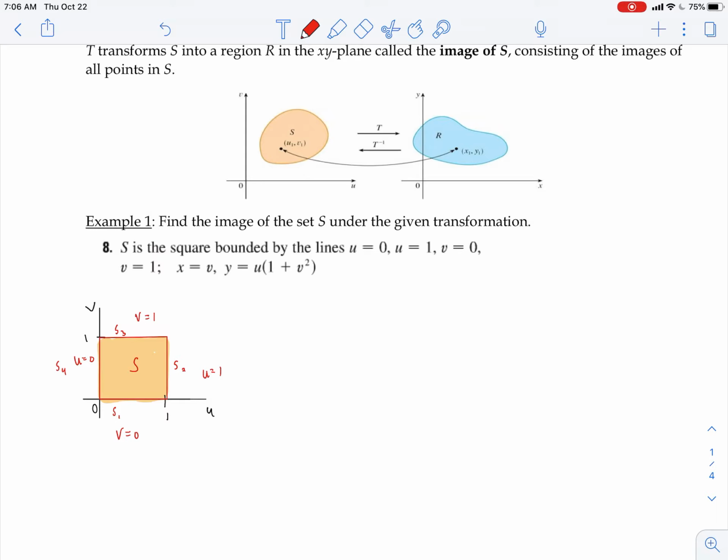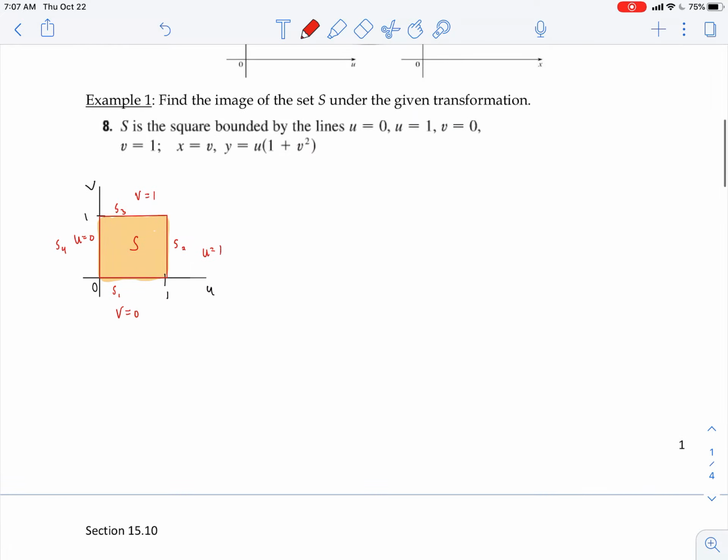Sorry, I had to readjust my seat. Now, what we're going to do is draft the original region. We're going to start with these values. So our first value, for segment 1, if V equals 0, then we're going to substitute in our values there.